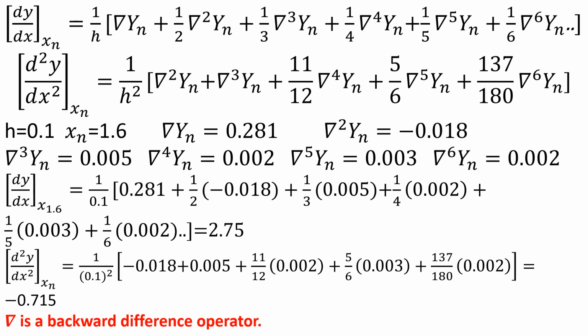With the forward formula the operator is the forward difference operator, and with Newton's backward formula the operator is backward. That is the major difference. Then put the other values, and the answers are 2.75 and minus 0.75. That was the case. Thank you.